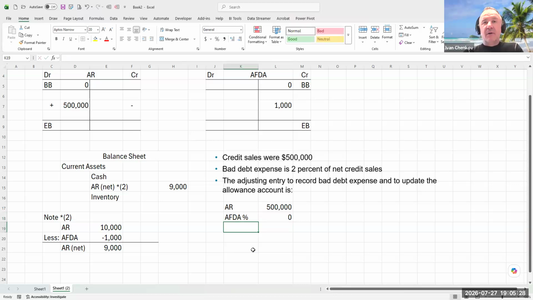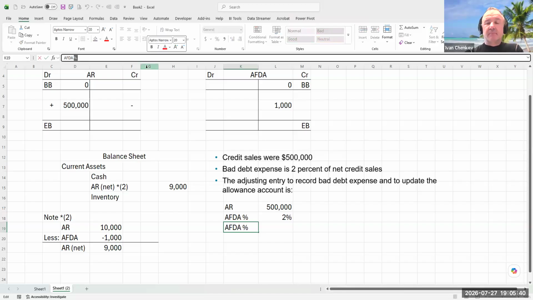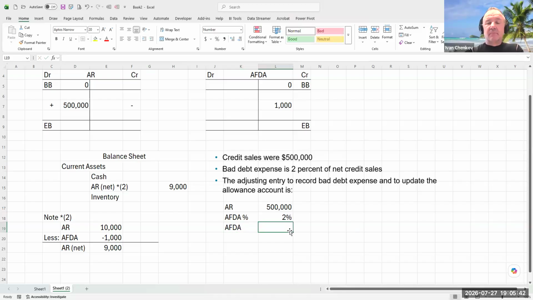Then the allowance for doubtful accounts percentage is 2%. Then the allowance for doubtful accounts as a dollar amount is going to be equal to 500,000 times 2%. We calculate the allowance for doubtful accounts is $10,000.